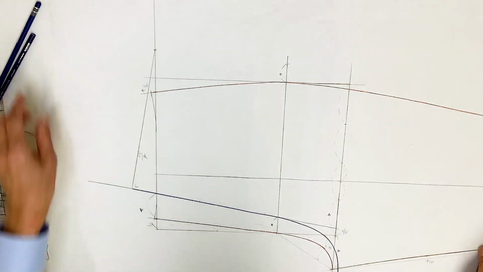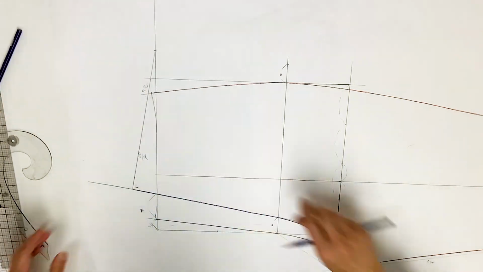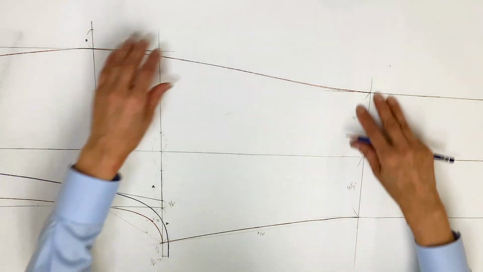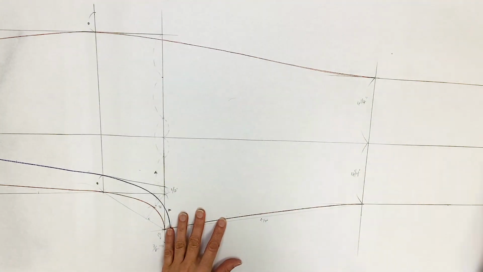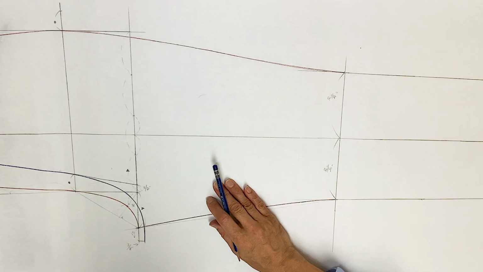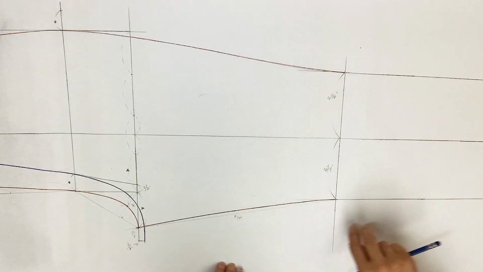Now I will move down to the knee and hem. Knee to hem is quite easy. It's almost like adding a seam allowance. You're going to add 3/4 on each side.